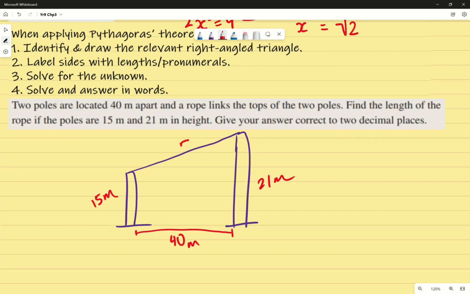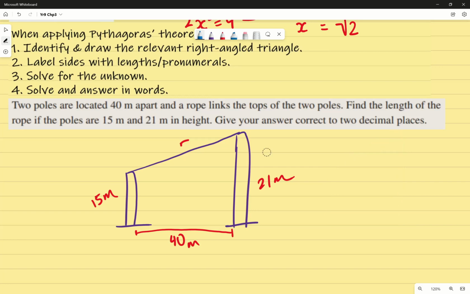Now here's the tricky part. We've drawn this diagram. I think as a class we all agree that this diagram is accurate to what the question's presenting. To me, the shape I'm seeing is this. Does Pythagoras' theorem work in that case? Not really. So we have to find a right angle triangle.